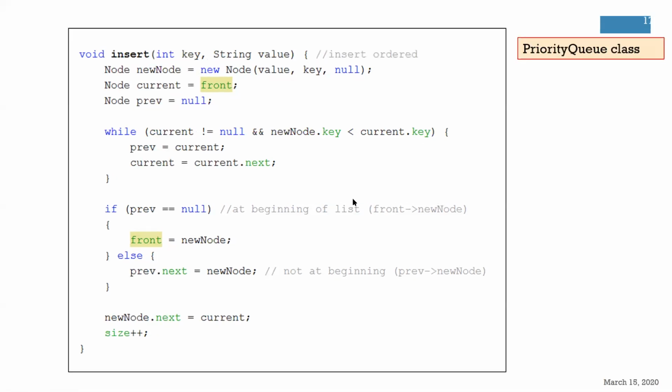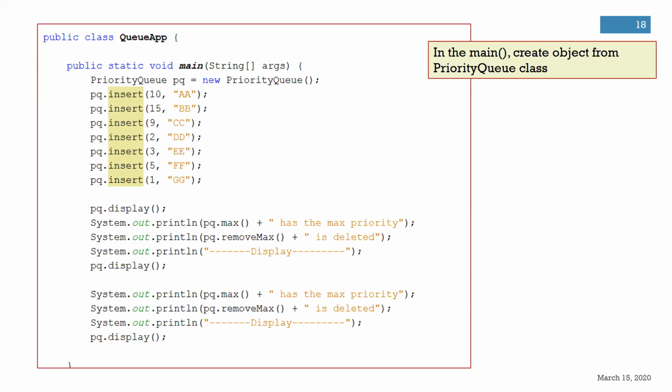Next for application. This is an application for a priority queue. I want to ask a question: what is the order, started from left side to right side? The highest priority will be stored at left and the lowest priority will be stored at right.